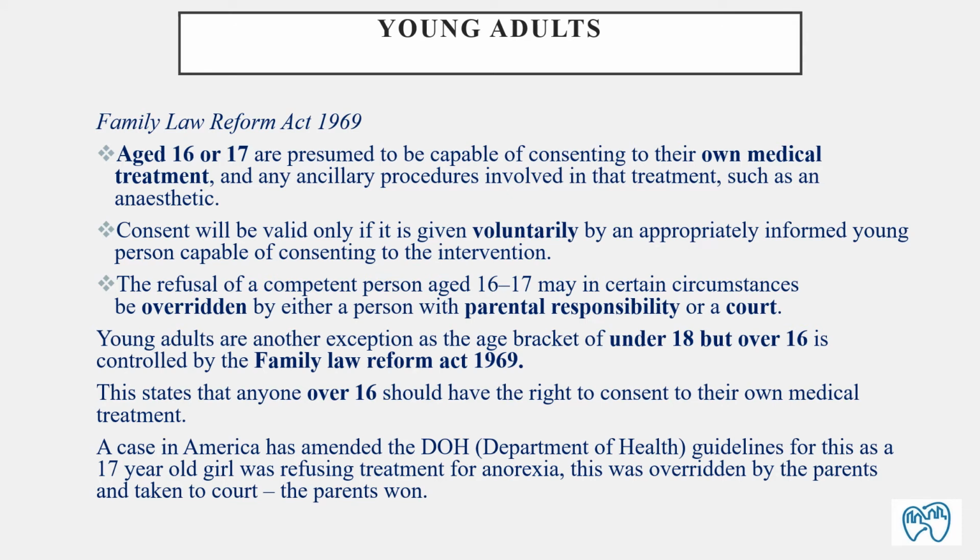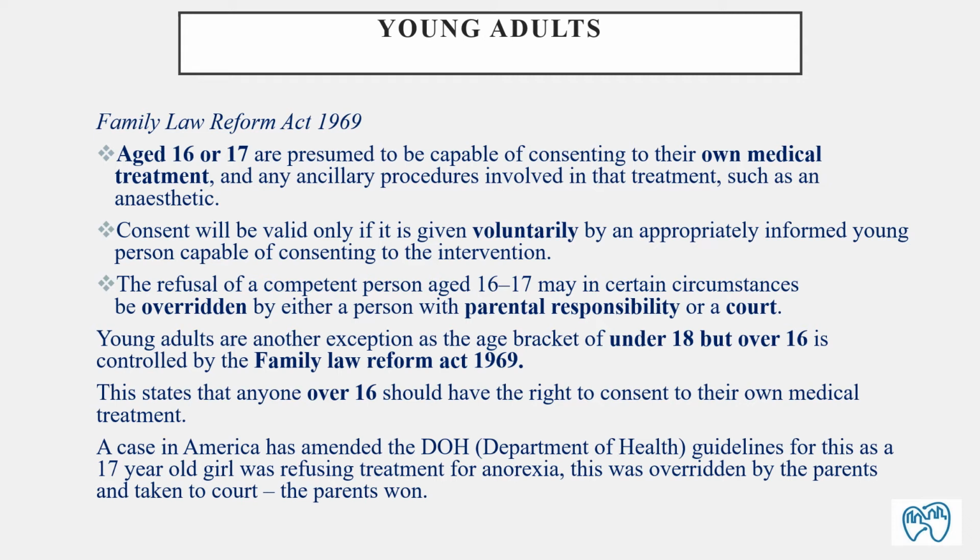The ability of a person to consent to their own medical treatment varies if they're under 18. The Family Law Reform Act of 1969 says that people aged 16 or 17 are presumed to be capable of consenting to their own medical treatment and any ancillary procedures involved in that treatment, such as an anesthetic.